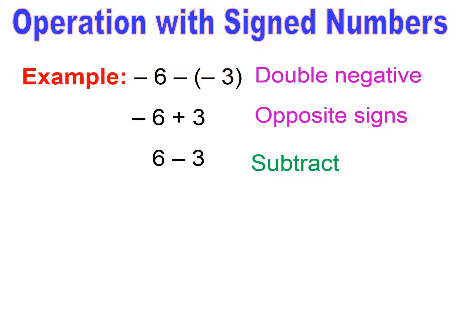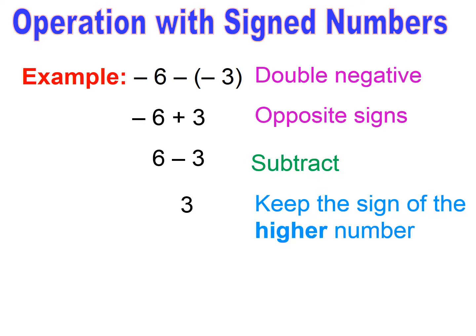And again, I have to subtract the smaller number from the larger. And once I've done the subtraction, I'm making a decision. The higher number is negative, therefore my solution is a negative 3. So it's very important that you think through the process when you're doing the addition and subtraction of opposite signs.